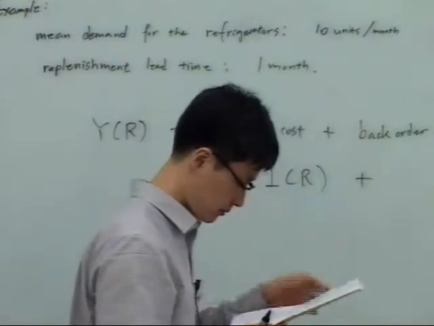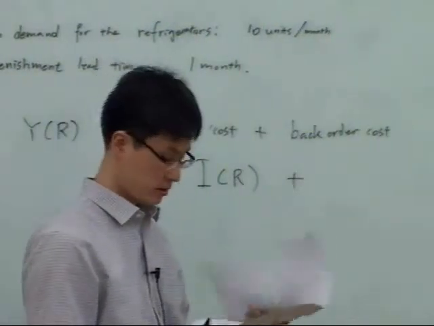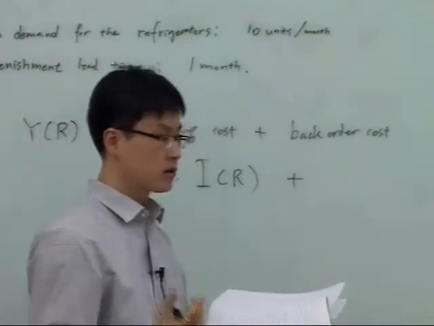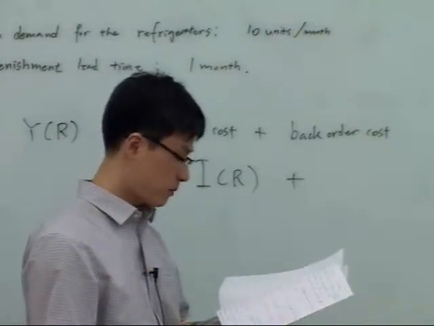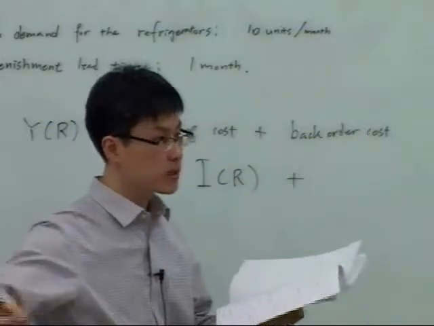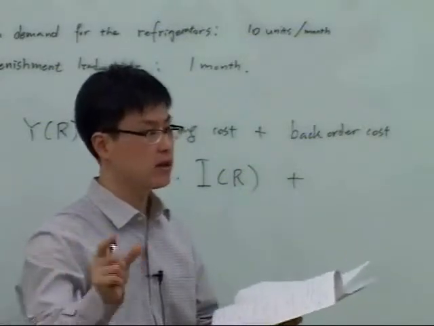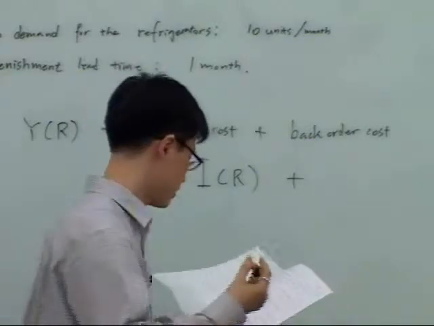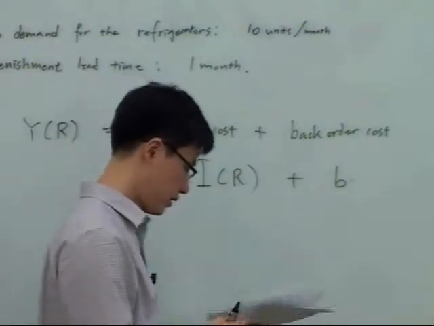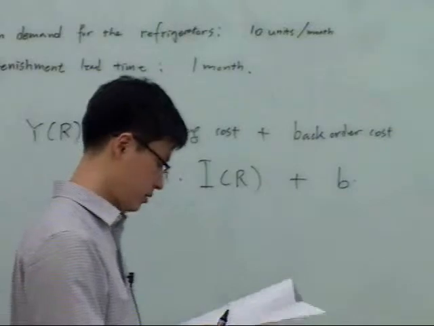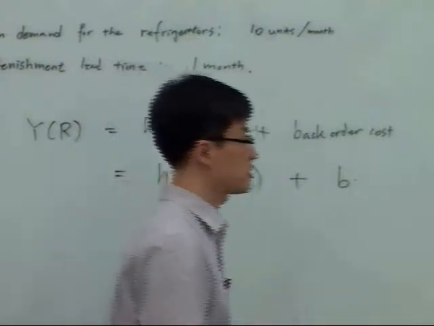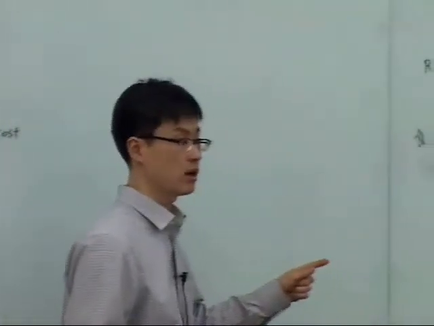And the backorder cost should be the cost of carrying 1 unit of backorder for a given period of time, which we defined as B, times the average number of outstanding backorders, which is PR.